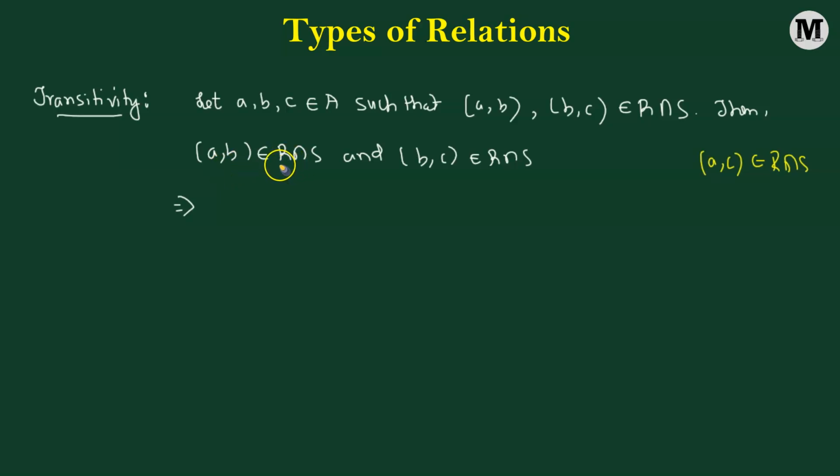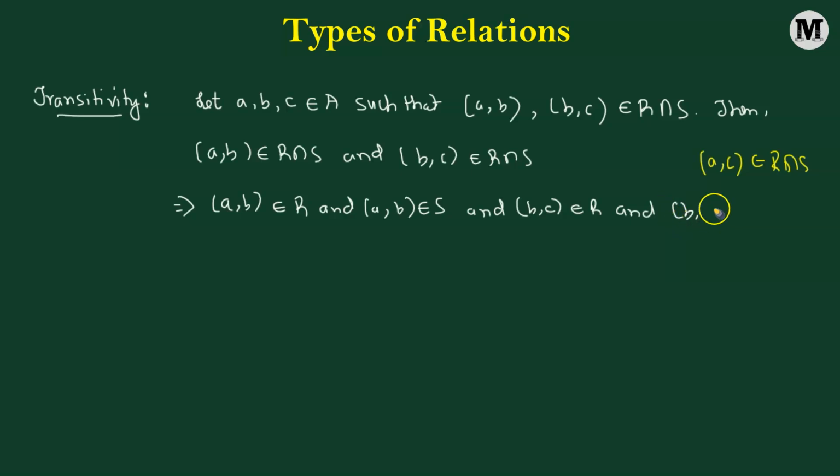It simply means that (A, B) belongs to R and the ordered pair (A, B) also belongs to the relation S. Similarly, (B, C) belongs to the relation R and the ordered pair (B, C) also belongs to the relation S.